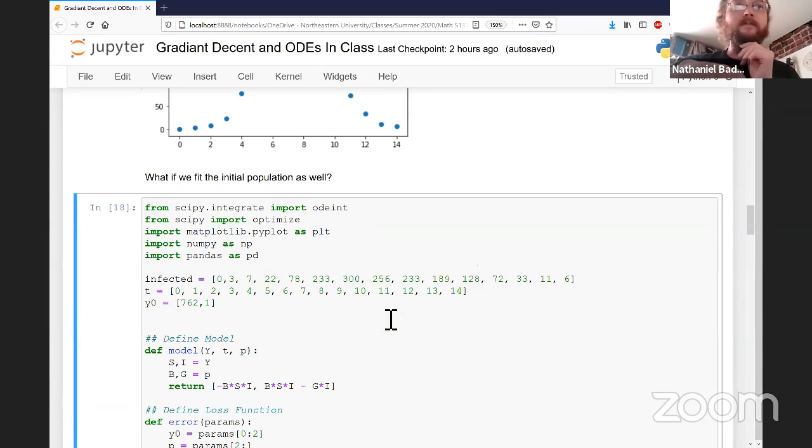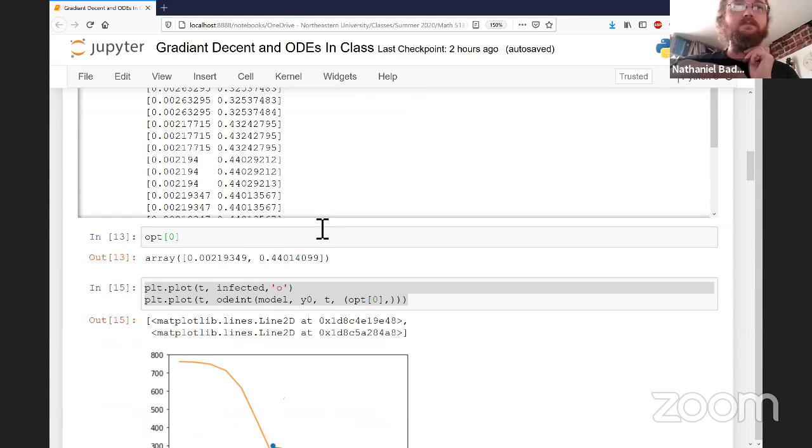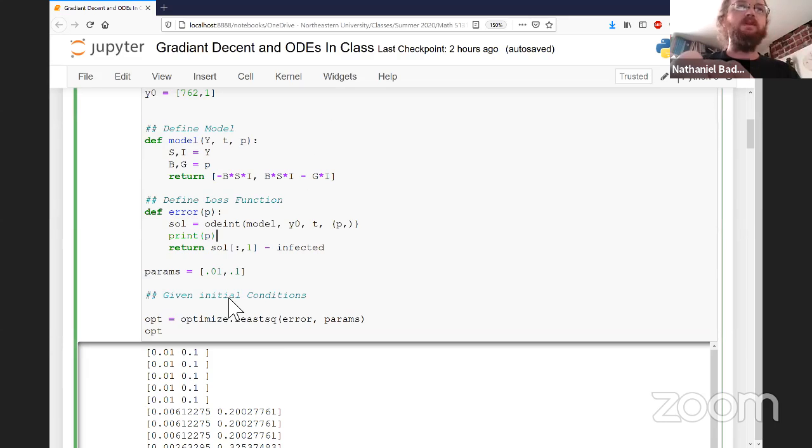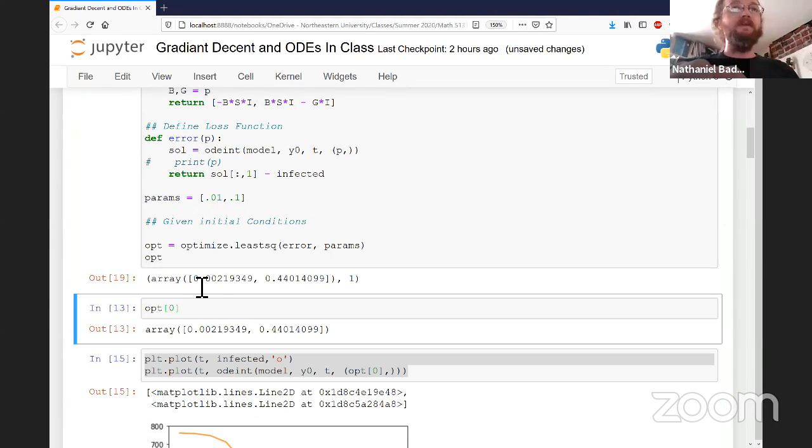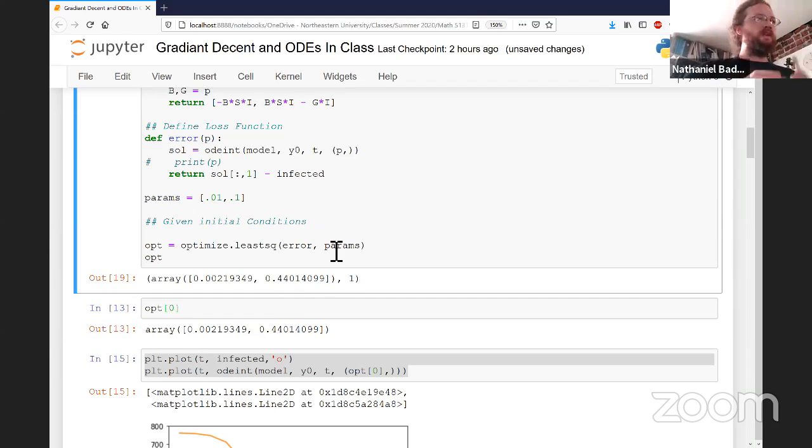So here, let me take this print statement off really fast. So the reason, right, is, let's recall our whole setup here. Our whole setup is that the optimization function, in some sense, you feed it a beta and gamma value, right?